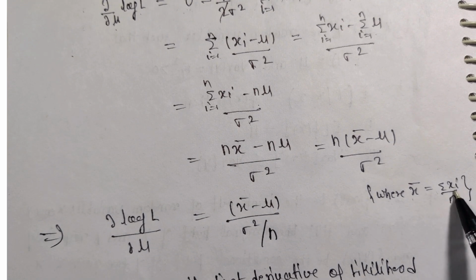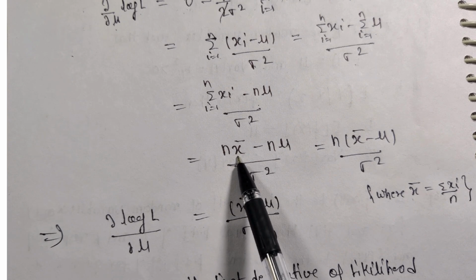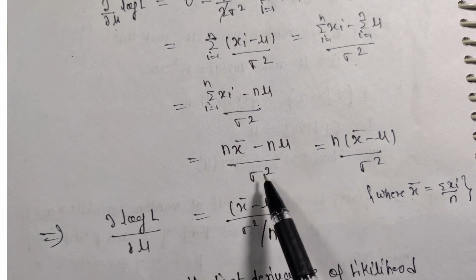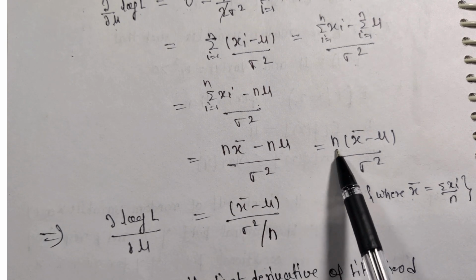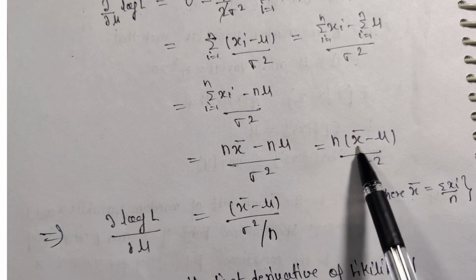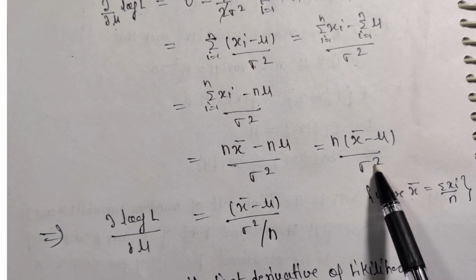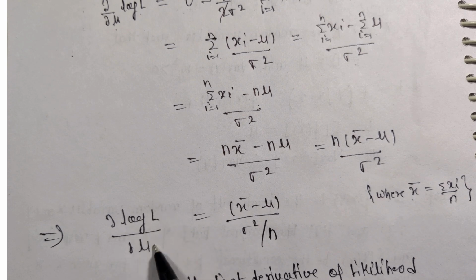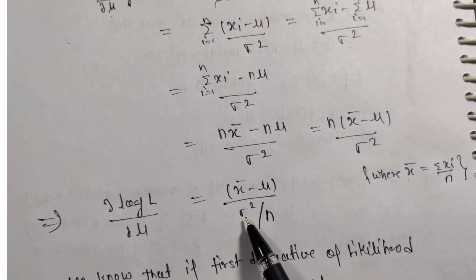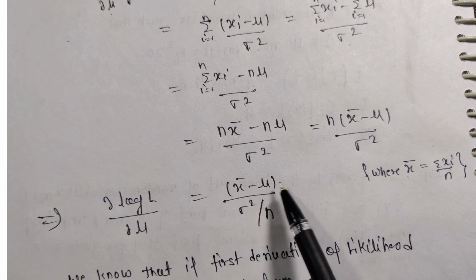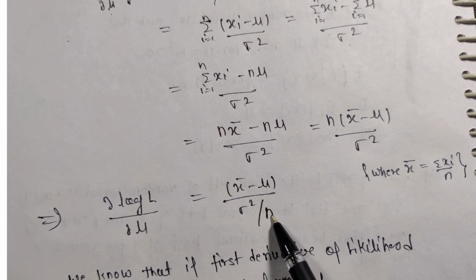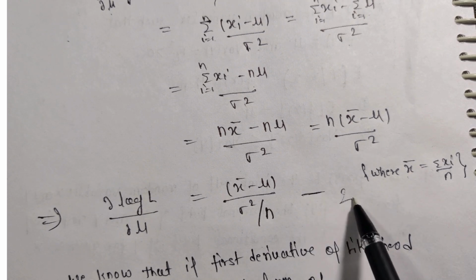So we can write summation of xi is equal to n x bar, minus n mu upon sigma square. Then we can take n outside, it becomes (x bar minus mu) upon sigma square by n. Then del log L by del mu is equal to (x bar minus mu) upon (sigma square by n). Okay, so this is our second equation.